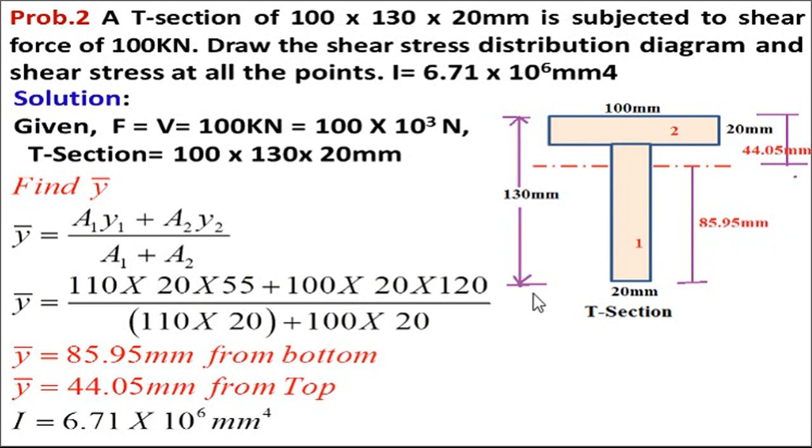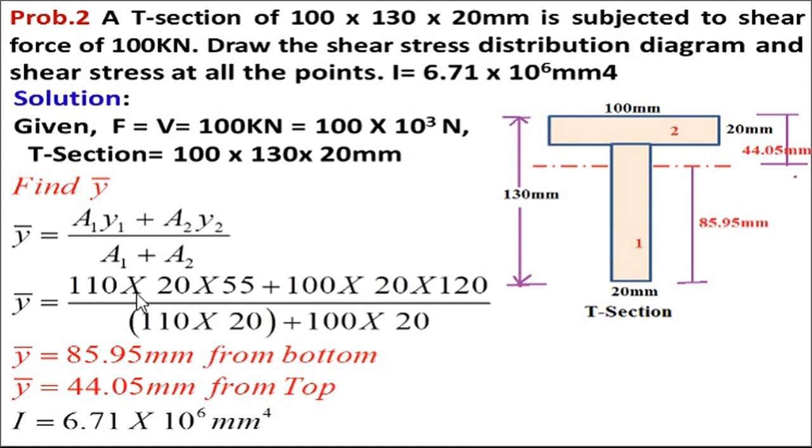That's why here A1 y1 is for the bottom web. So how is it 110? Because total depth is 130. From that, if you remove this 20, this will be 110. The remaining web is 110 into 20, into the center of this web from the bottom. Total is 110. Half of that will be 110 by 2, that is 55.